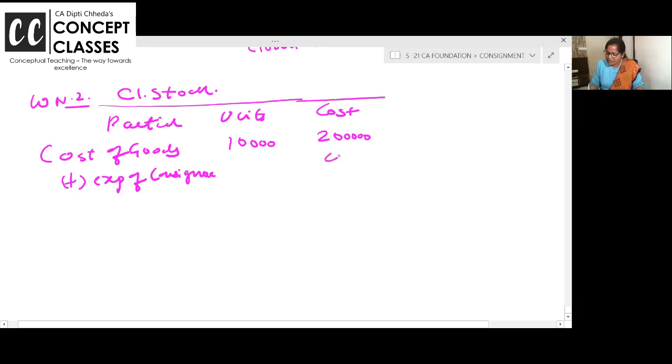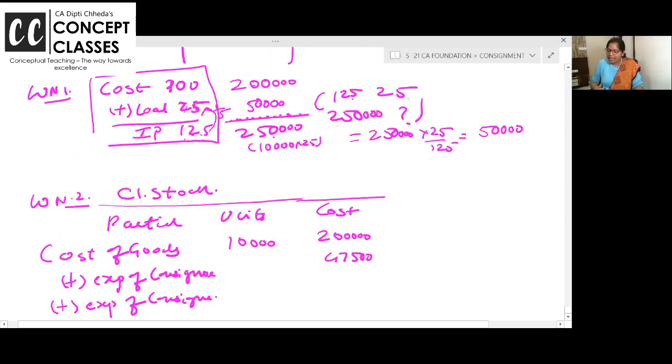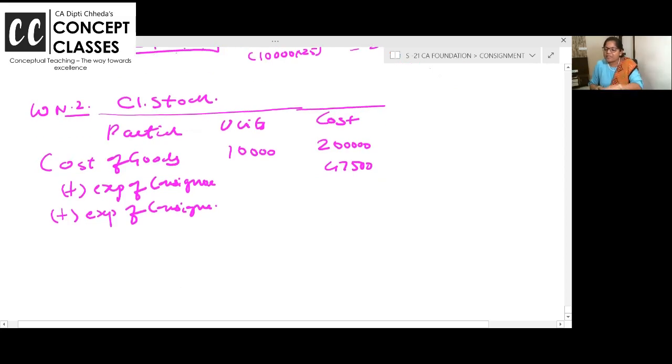कंसाइनर का एक्सपेंस कितना है हमने अभी लिया था। 47,500 plus expense of consignee. I'm not doing any total here because there's nothing lost. And consignee selected expense we will take. I want all of you to write in bracket: unloading plus clearing charges plus carriage inward.